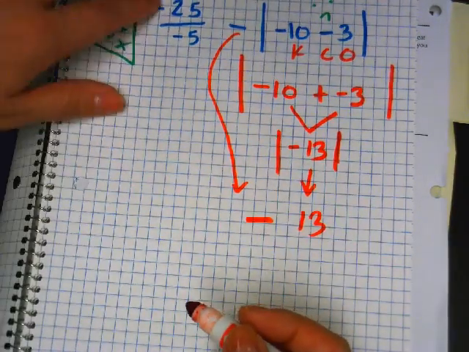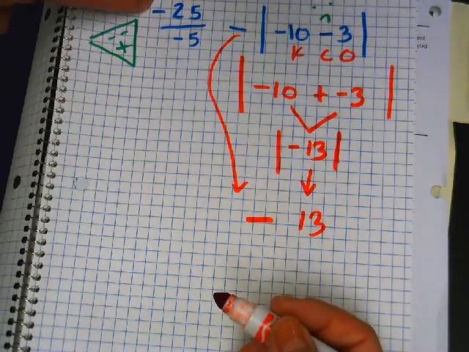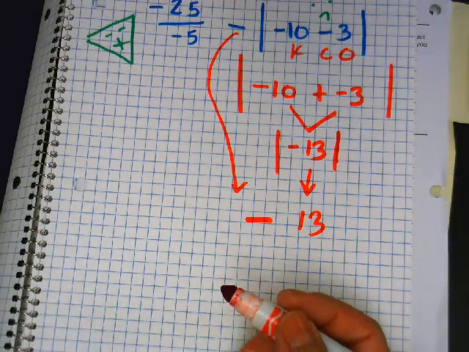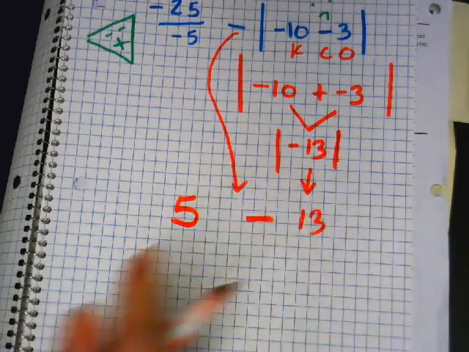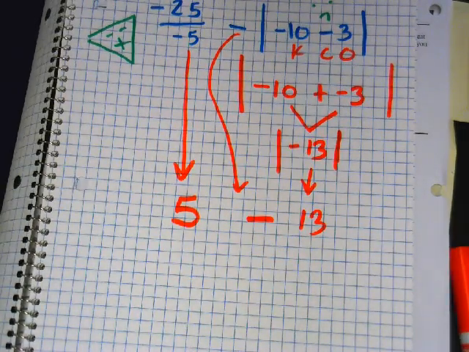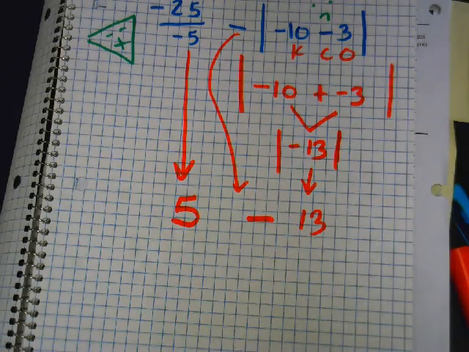Then you do this math with your Dorito man. What's negative 25 divided by negative 5? 5. So there's like different problems all at once. We're going to be doing order of operations next week. This is very much like order of operations. All right, well, this makes me sad.